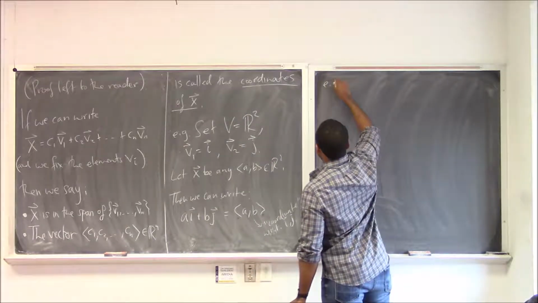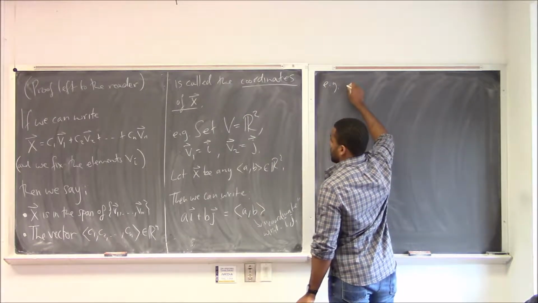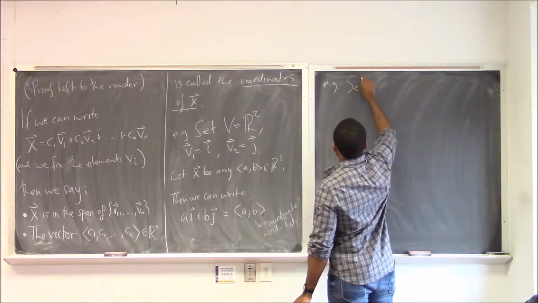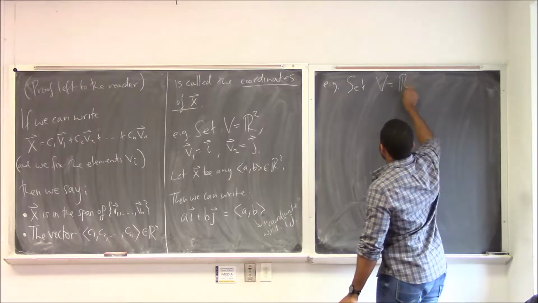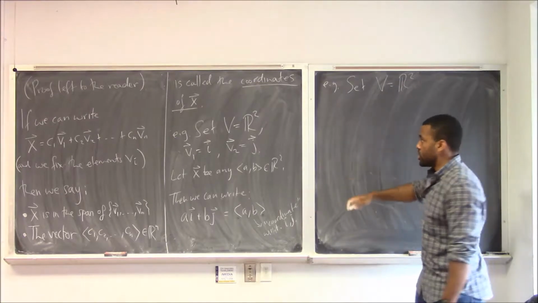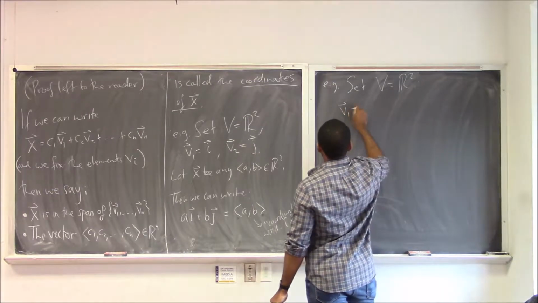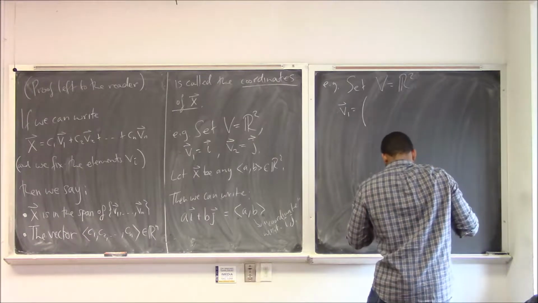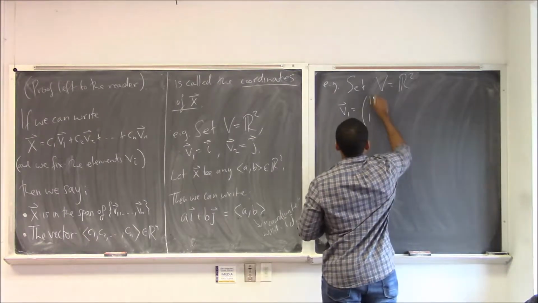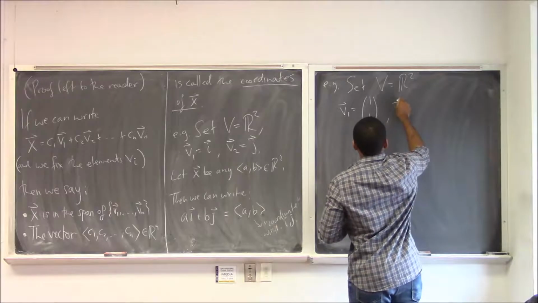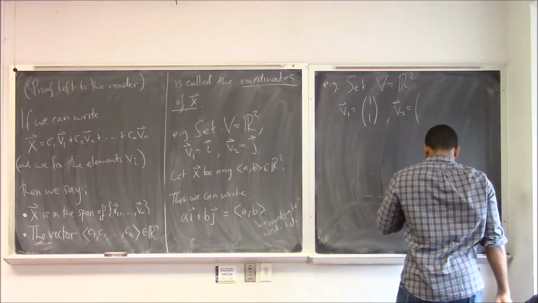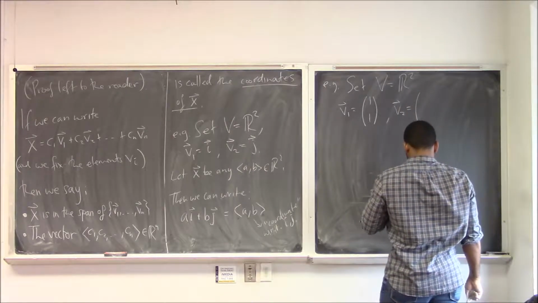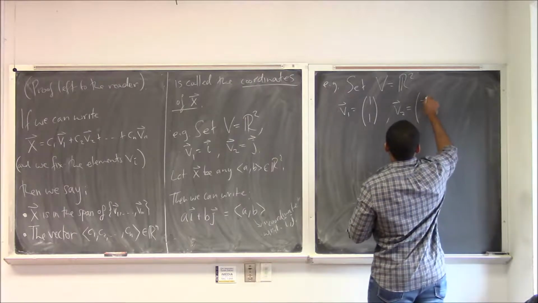Here's another example. Again, set V equals R2 with usual operations. Take my V1 to be this vector, (1, 1), and my V2 to be this vector, (-1, 2).